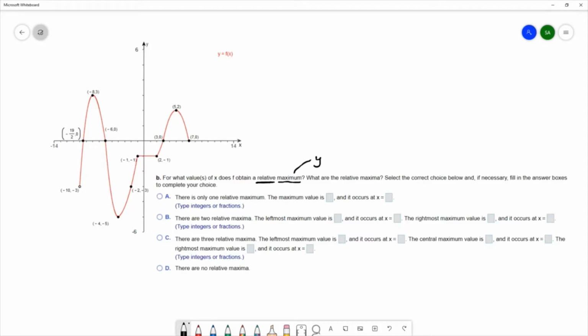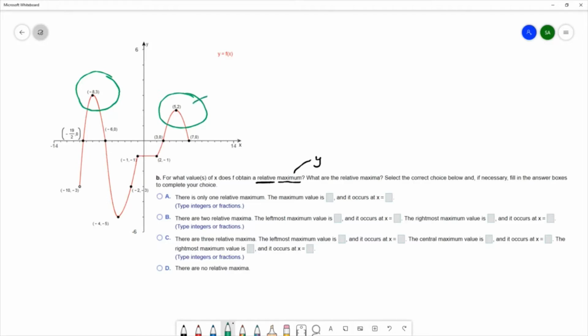So looking at the picture that we have here, I can see two places on the graph that achieve a peak. And if we were to zoom in on those two areas, I can see that those points would obtain a maximum in that area, the highest y value in that area.